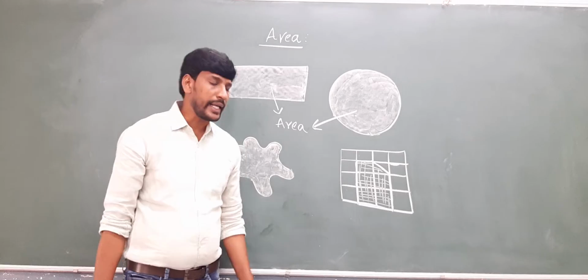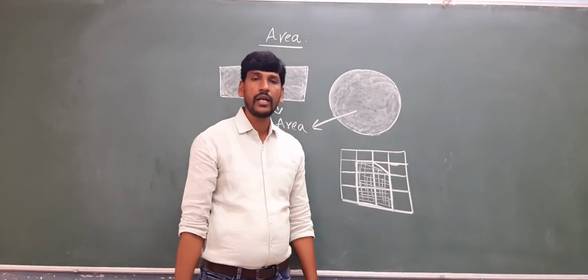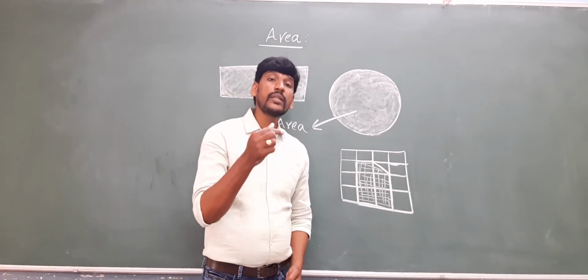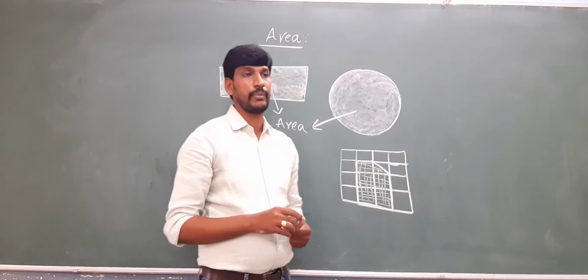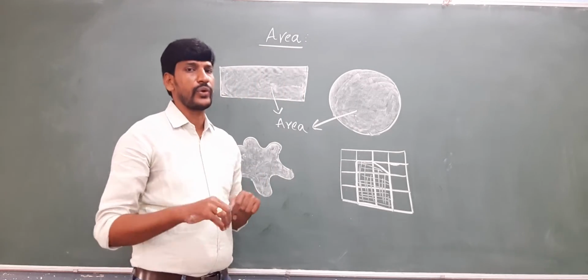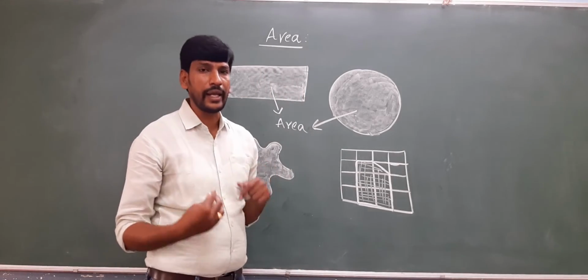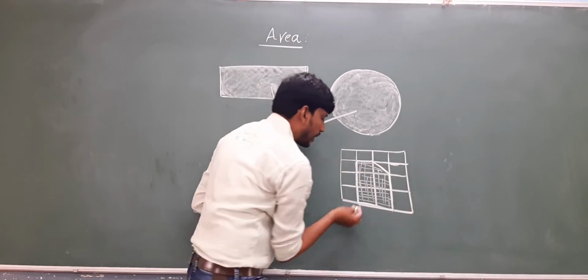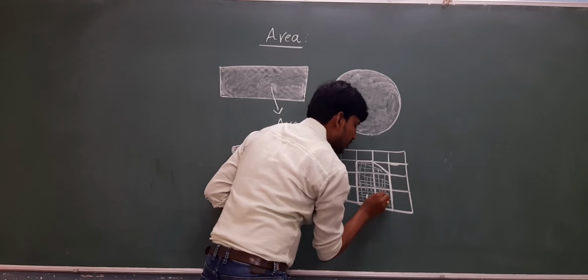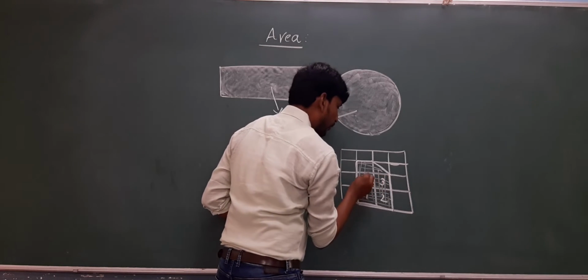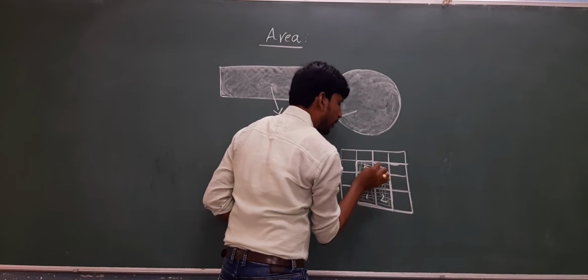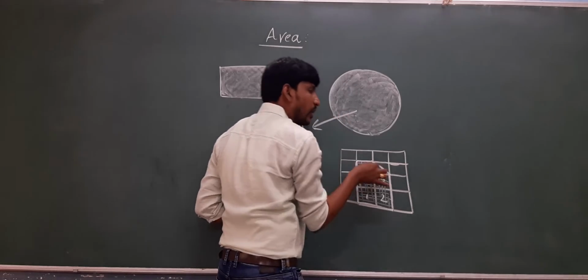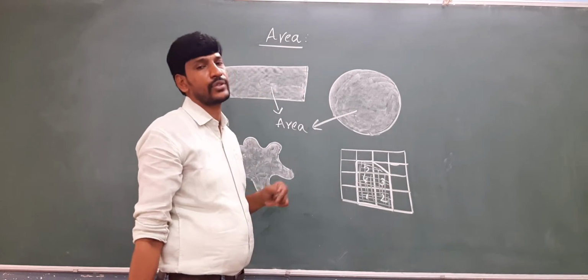How to find the area of this closed figure? We know that by counting the number of squares we will get the area of this figure. See this, how many squares are there? Here 1, this is 2, 3, 4, 5. Then what about this one? This is not a full square, it is only a half square.